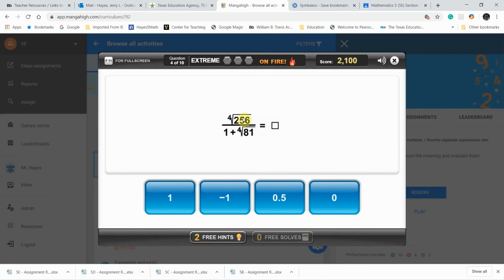So we've got 4 over 4, and 4 over 4 would be 1. Good. We know this one is 10. And we know this one is 3. So 10 over 20 would give you half, right?